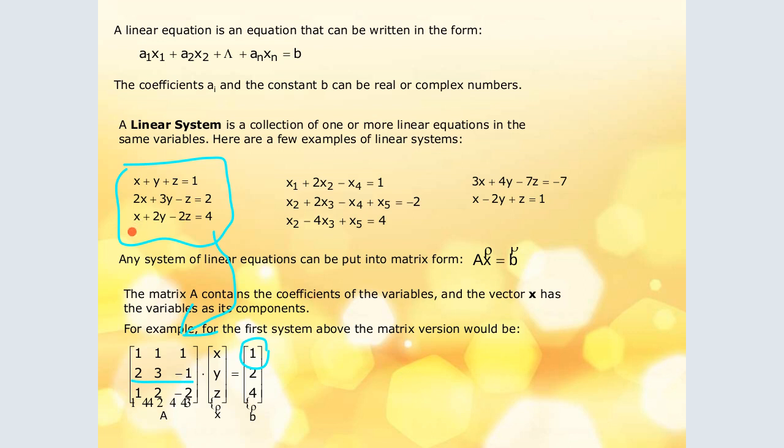Then from equation 3, we have x, 2y, and minus 2z. This has a coefficient of 1, this has a coefficient of positive 2, and this has a coefficient of negative 2. What you can see at the bottom here is 1, 2, negative 2.